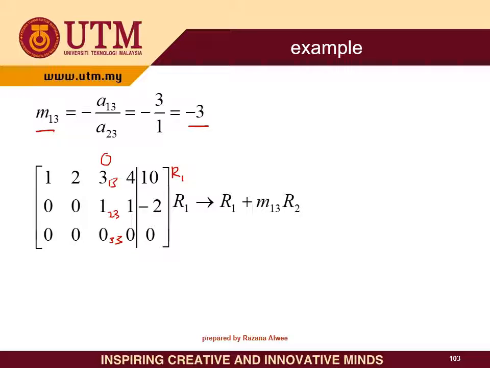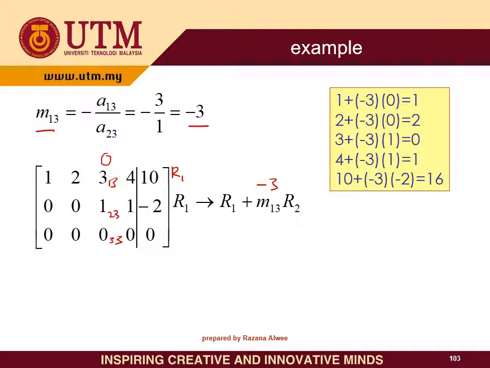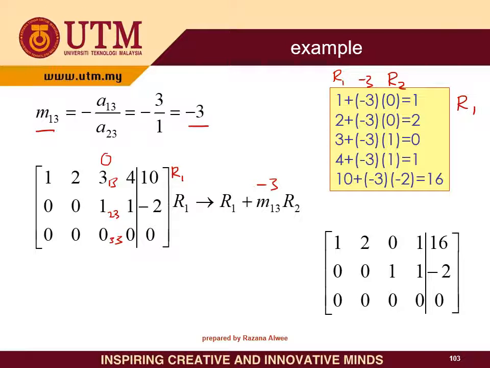So the new R1 will be R1 plus -3 R2. So this is our R1, -3 R2, and it will become the new R1. So the new R1 will be 1, 2, 0, 1, and 16.